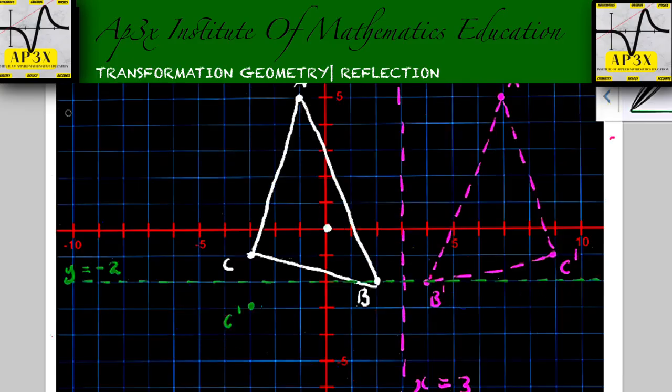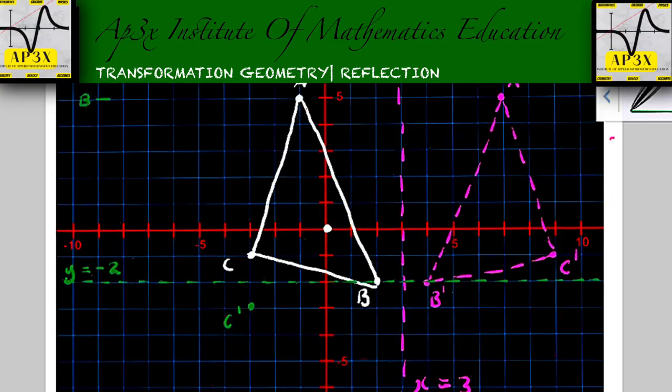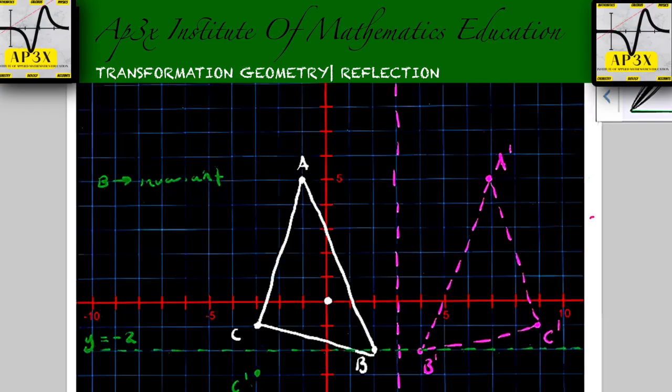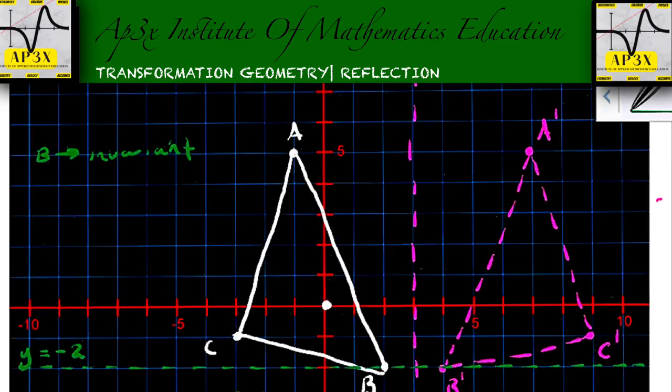So let's just label this point B. B is known as an invariant point. It's known as an invariant point because after the reflection it did not move. It remained on the line. So we're just going to label this again here as B prime. So it's an invariant point.